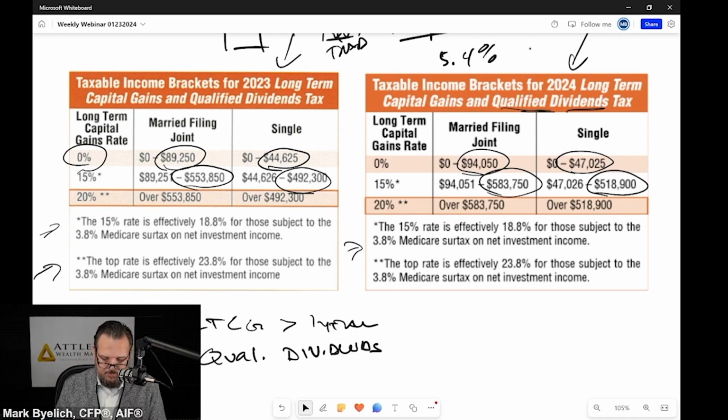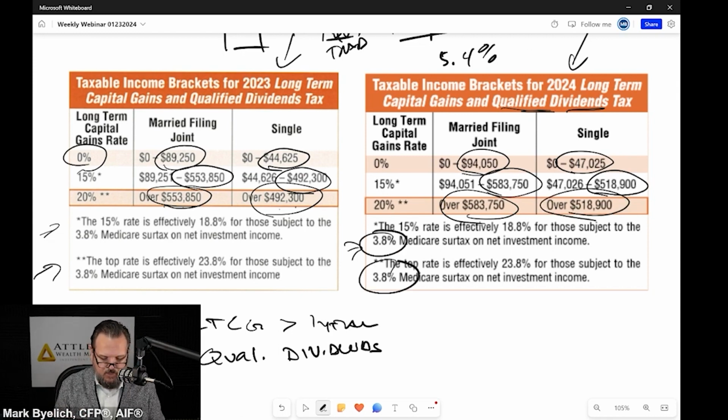It's a difference, of course, but it's not as great. And then anything over these numbers is taxed at 20%. So for married filing joint, the 20% starts over $553,850 and jumps to anything over $583,750 for the 20% capital gains or qualified dividend rate. Single filers goes from $492,300 to $518,900. Anything over that, and that's it. There are only 3 brackets.